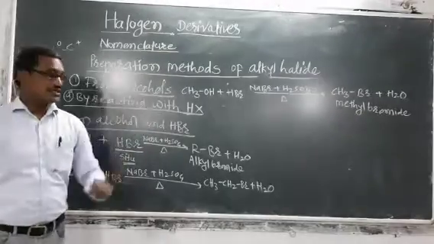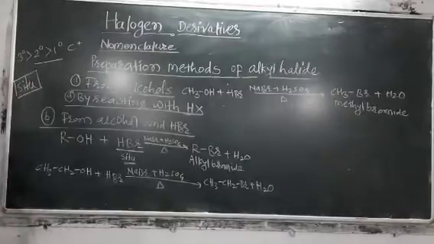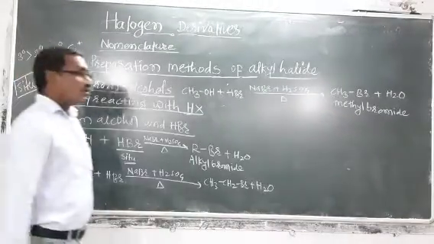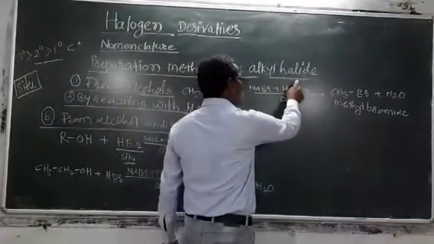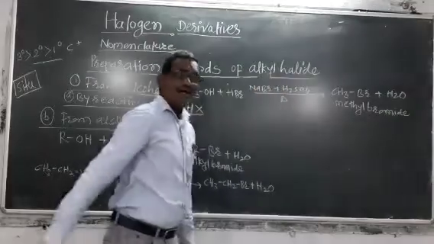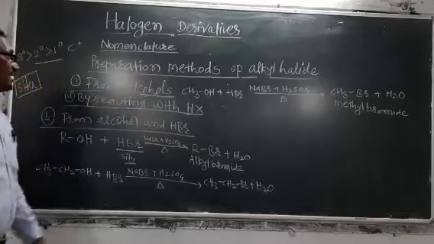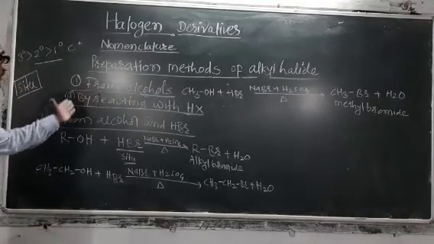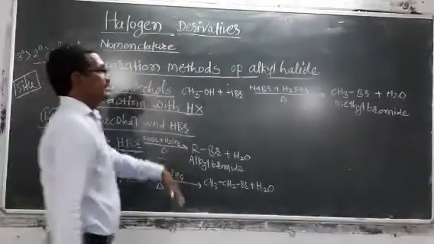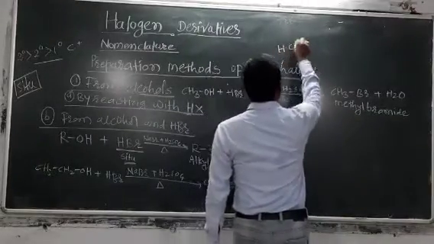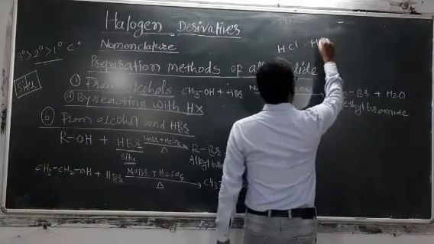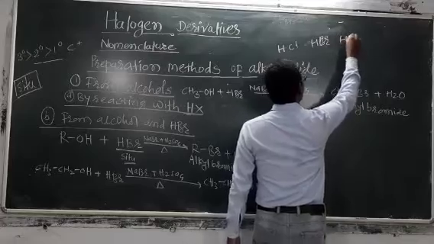Now, the third preparation we have to study. In that preparation, we also prepare an alkyl halide, and that alkyl halide is alkyl iodide. We are learning preparation methods of alkyl halide from alcohol, by reacting with HX: HCl, HBr and HI.